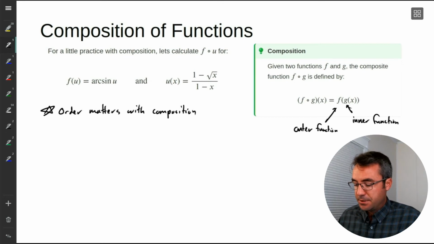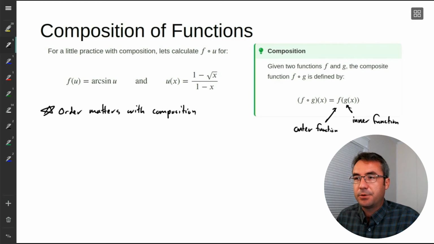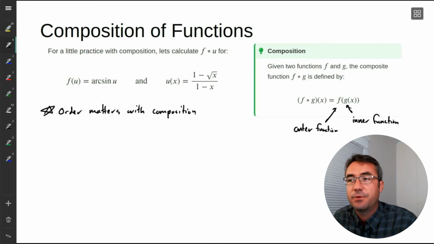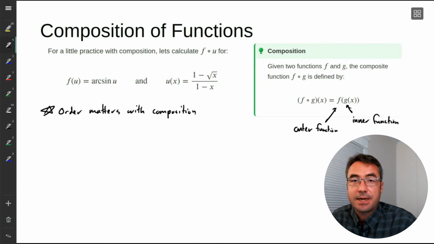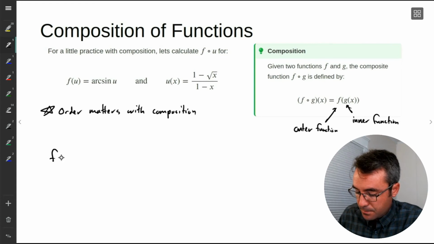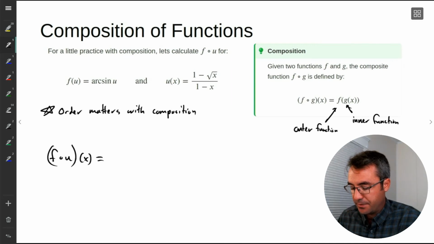All right, so let's just do a little example here and calculate. We have two functions: f of u, which is the arcsine function, arcsine of u. And then we have this other function, u of x, which is 1 minus the square root of x over 1 minus x. And we want to calculate that composite, f composed with u. And let's actually get a nice formula for this.